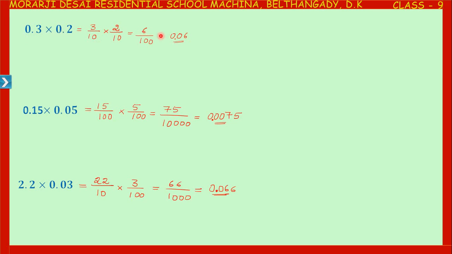What answer did we get? 0.06. Look at the question and look at the answer. What is the relationship? See here, we have 3 here, we have 2 here. 3 twos are 6, so we got 6.